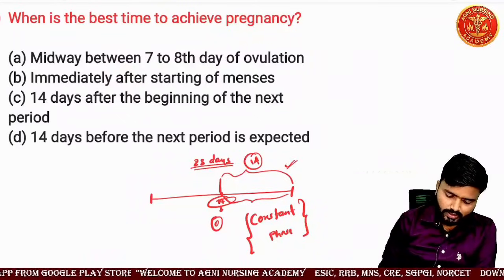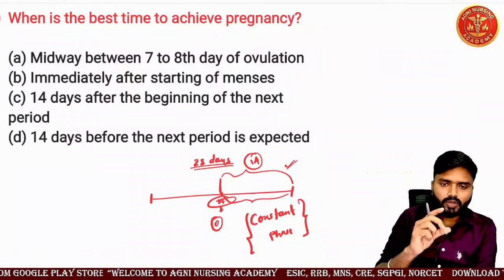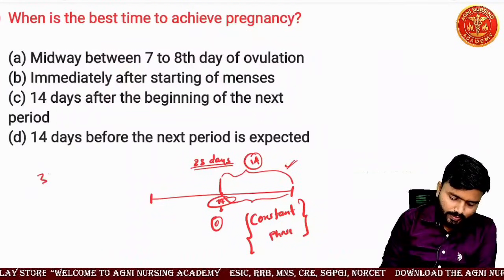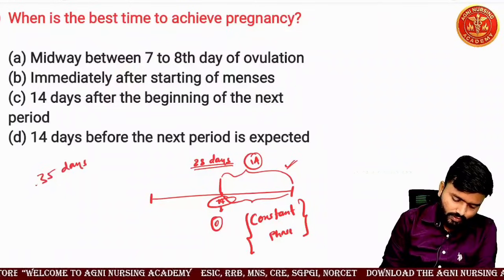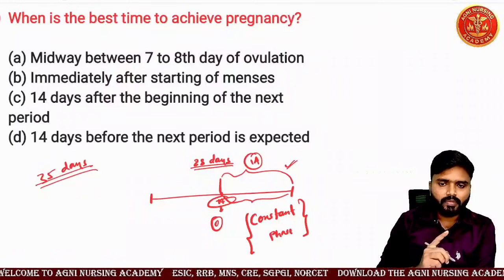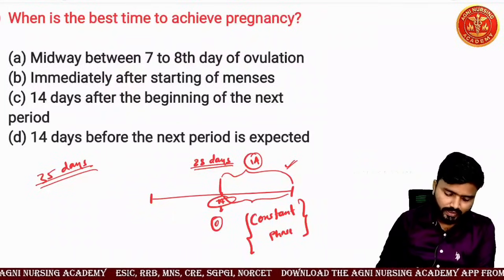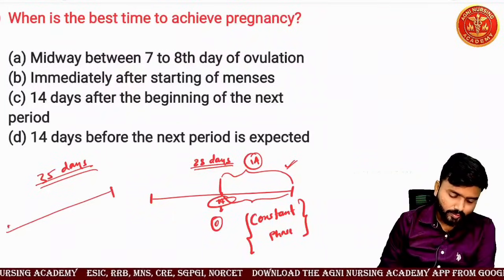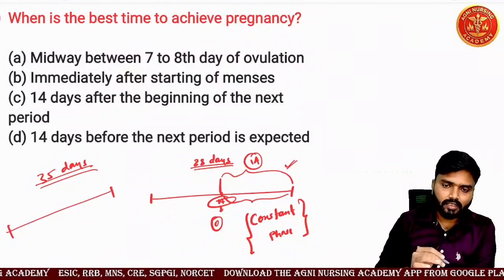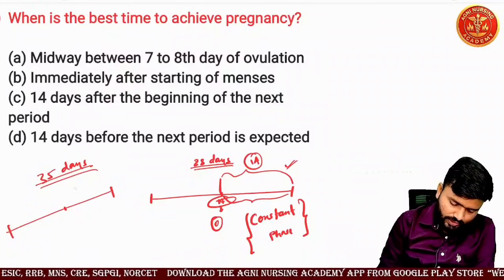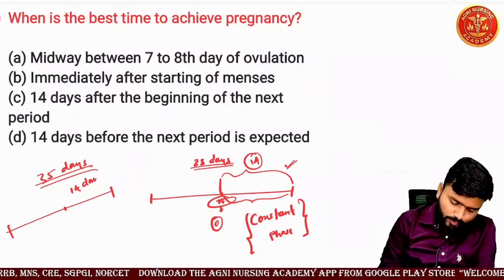Understood? But if one female's menstrual cycle is 35 days, so I will write here 35 days. Again, in this category of female also, the second phase will be only 14 days.